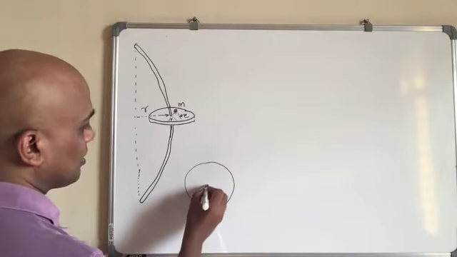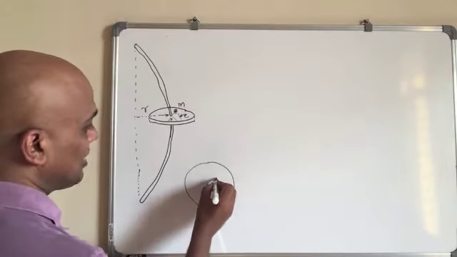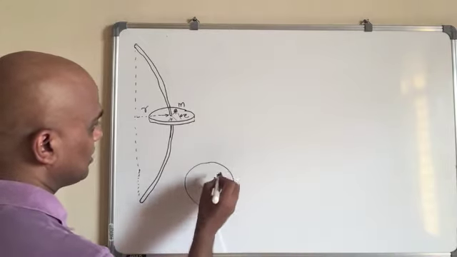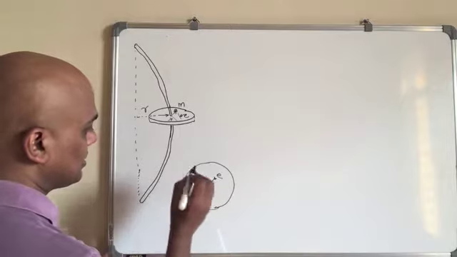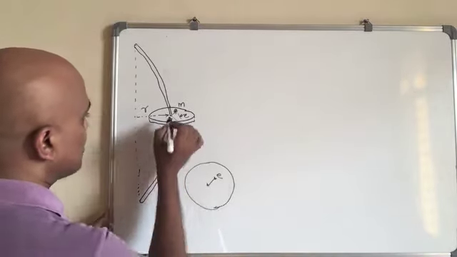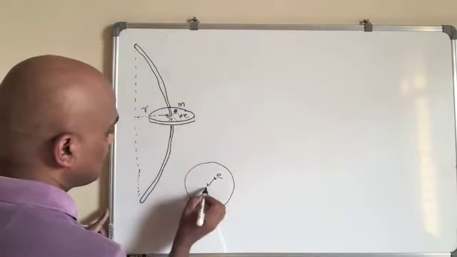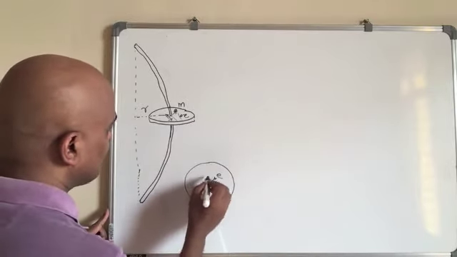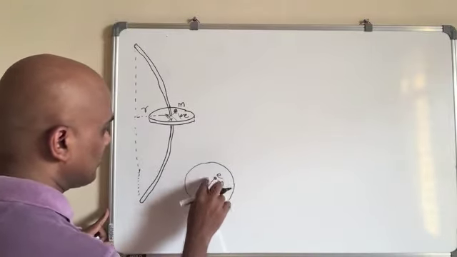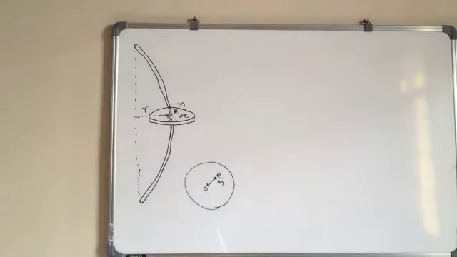We have e somewhere here, like this. And this is the point O, where the mass is, and the distance from here to here is e.